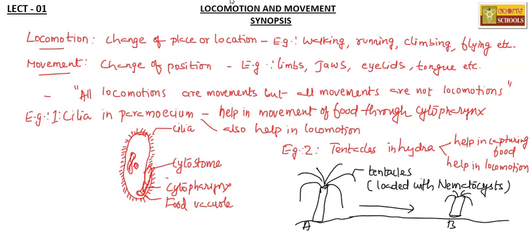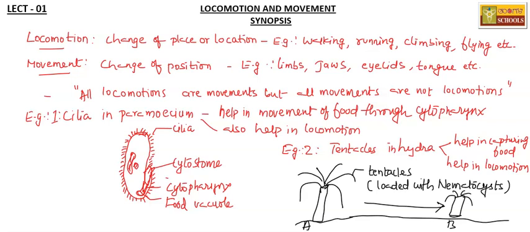So from place A to place B it has changed its location, and that's what we call locomotion. It shows somersault movements and many other types of movements that involve these tentacles to move the Hydra from one place to another place.